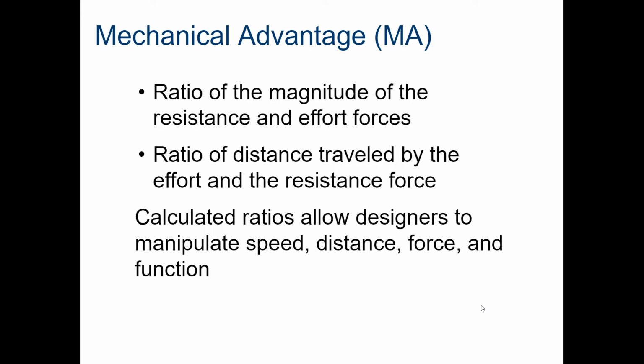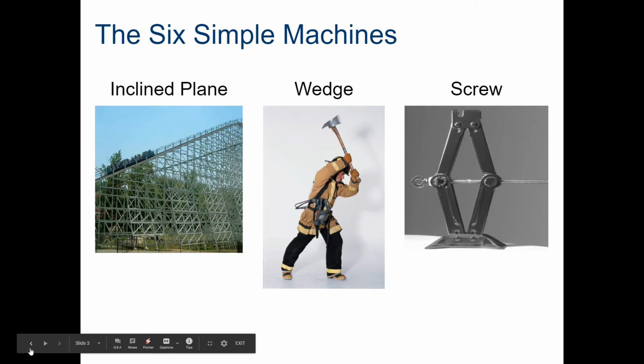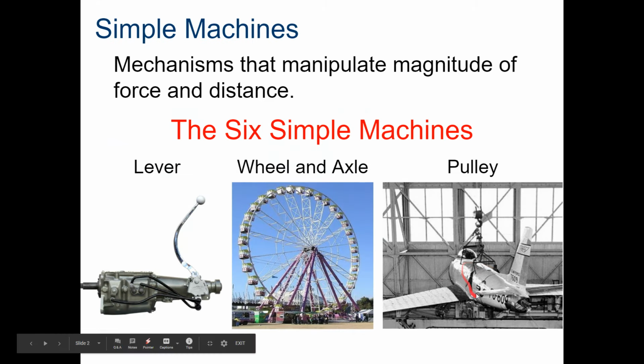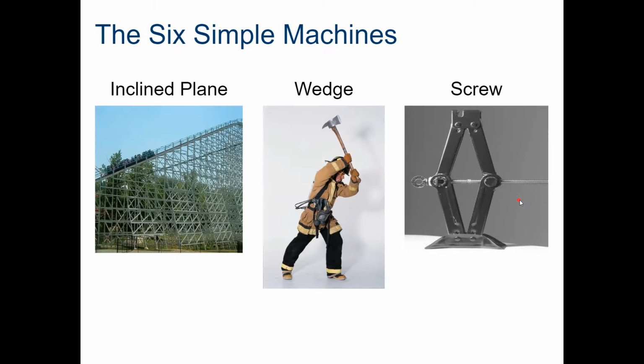So the resistance, let's say we are trying to hoist up that airplane in that previous picture. Let me go back one more. The resistance is the downward force of the plane. Your effort force is whatever's pulling down on this pulley to raise this. That is the effort.